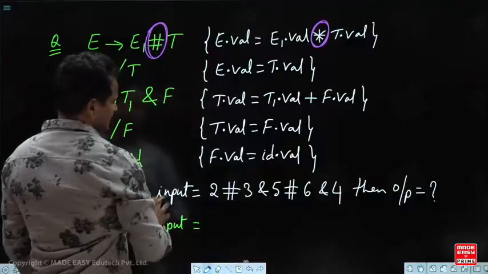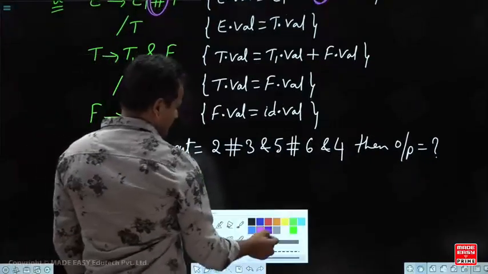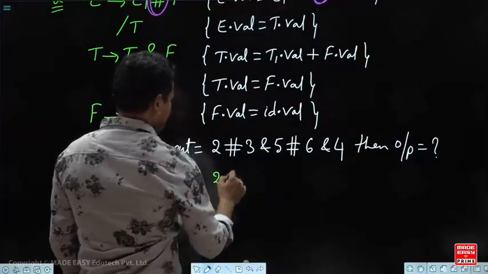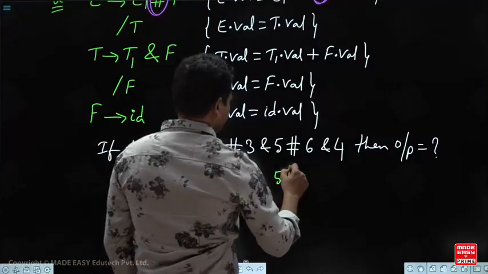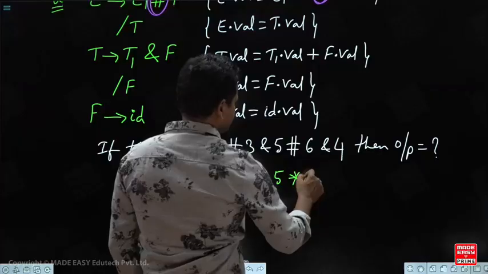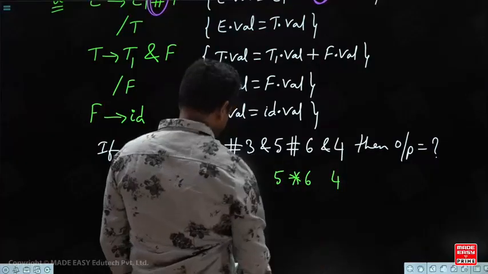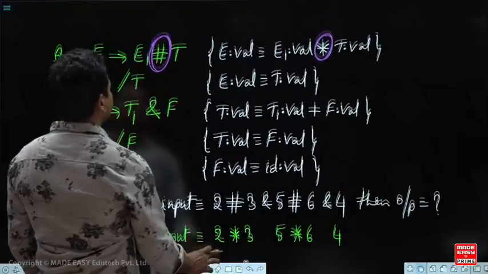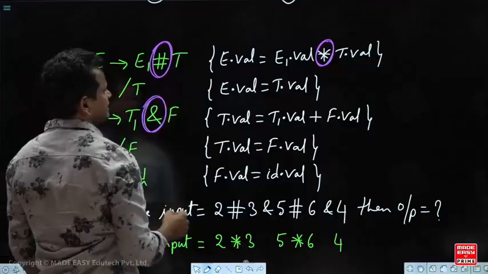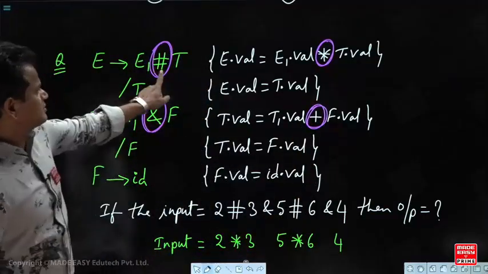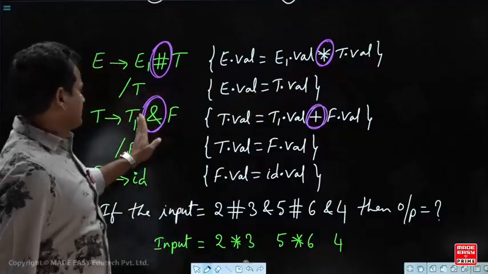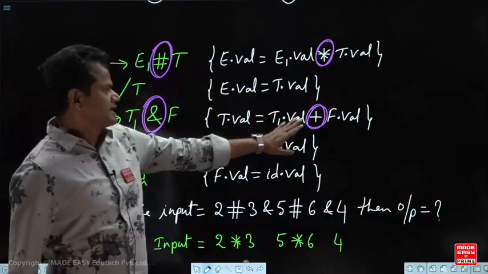So wherever hash is there, we will replace it with multiplication. Now, what is the meaning of ampersand? The meaning of ampersand is plus. Hash comes, you just multiply. Ampersand comes, you just add.